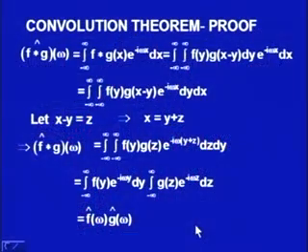If the Fourier transform of any function f is integral minus infinity to plus infinity f x e to the power minus i omega x dx, then the inverse Fourier transform of f hat omega is 1 upon 2 pi integral minus infinity to plus infinity f hat omega e to the power i omega x d omega.